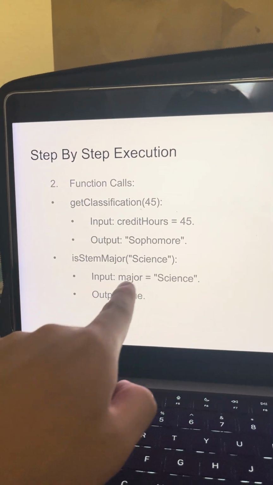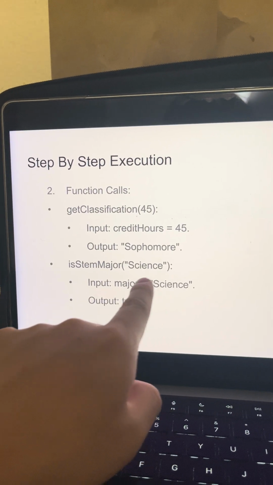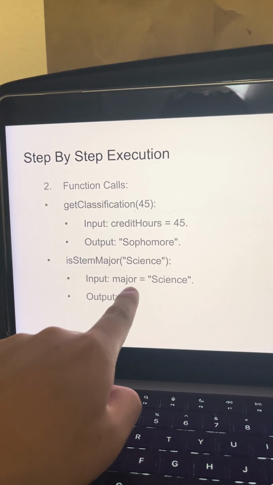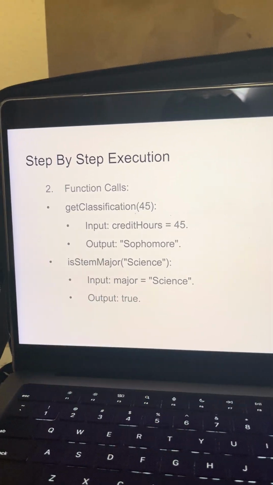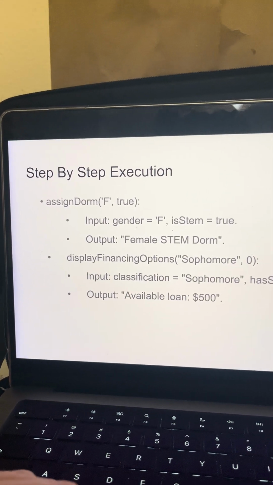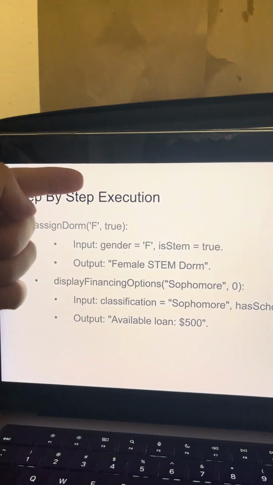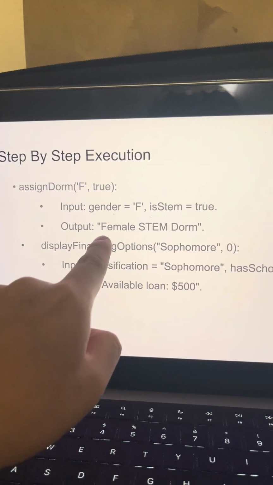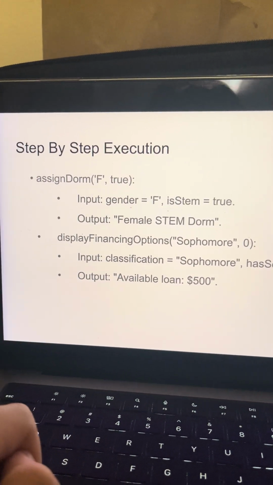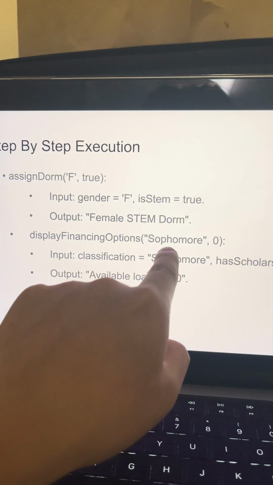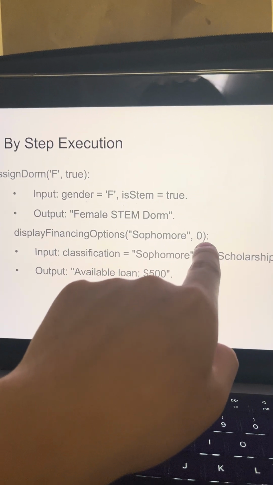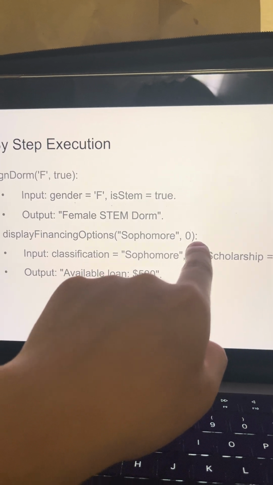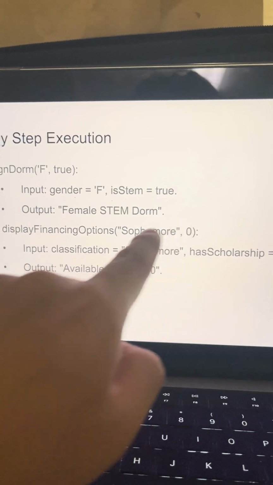That would be sophomore. They've input their major science. It counts as true, which makes them a STEM major. And then it'll use that information, their gender and whether or not they were a STEM major, to give them the dorm. So they're a female STEM dorm. And we determined already they're a sophomore, and they don't have a scholarship because they put in 0.